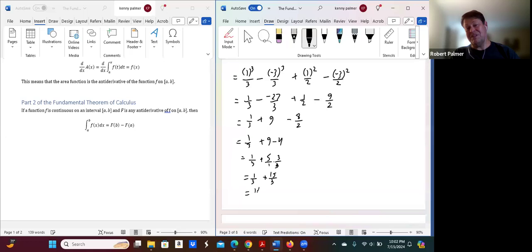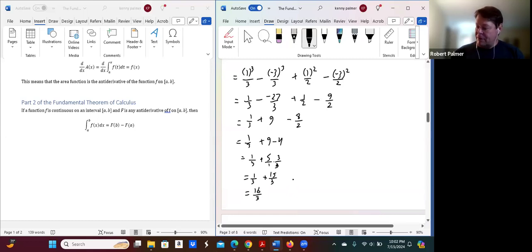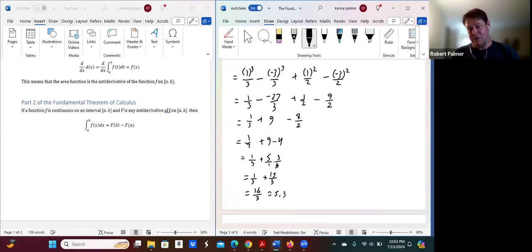And so that's going to be 16 thirds. Or if you approximate that with a calculator, 16 divided by 3 is approximately 5.33 repeating.